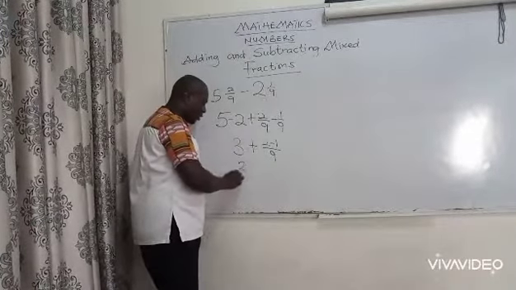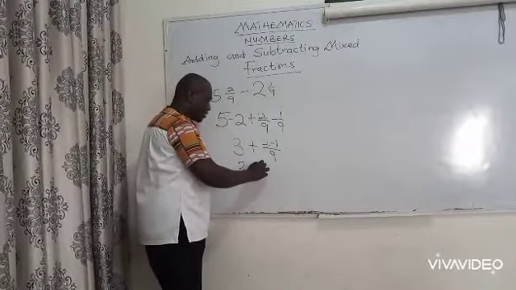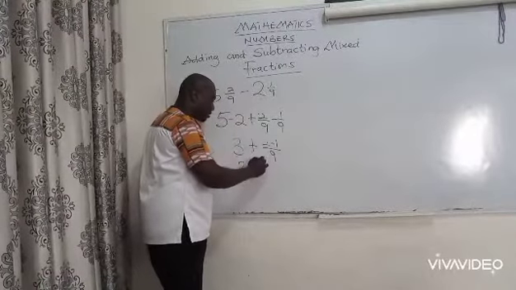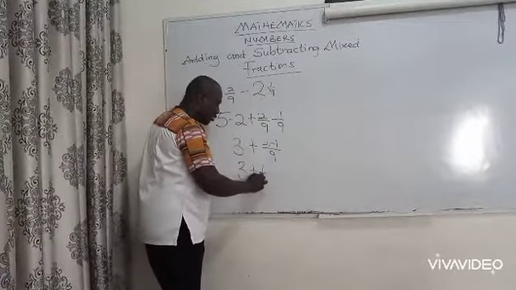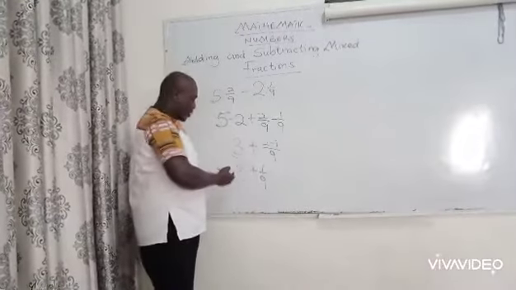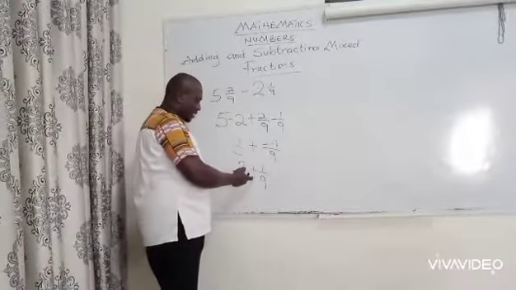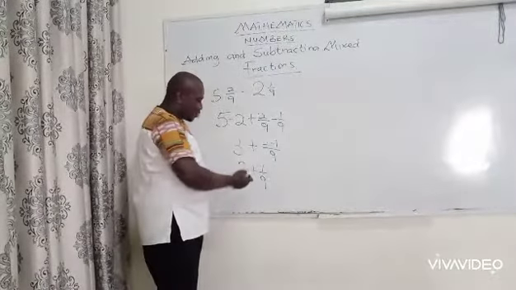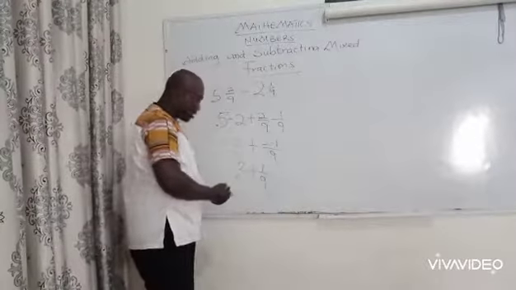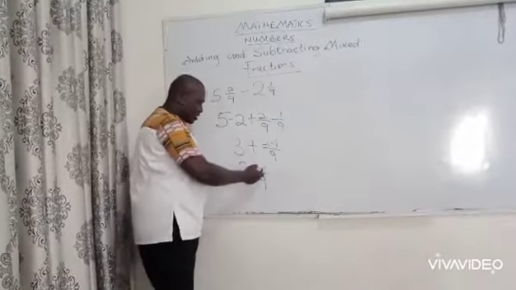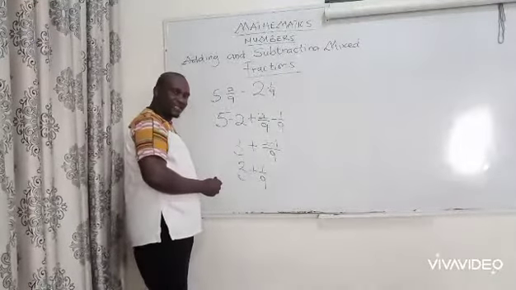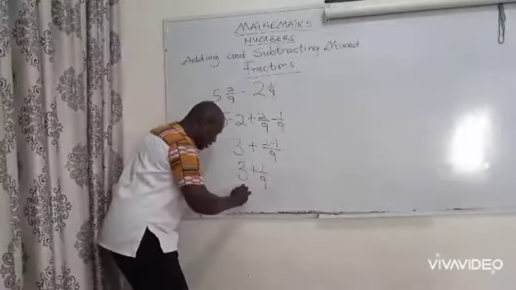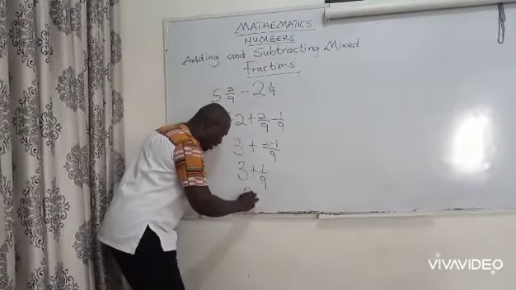We have 3 whole number plus 2 minus 1 is 1 out of 9. Since we can't reduce this fraction here, we add the 3 whole number to the fraction. What do we get? We get 3 whole number 1 out of 9.